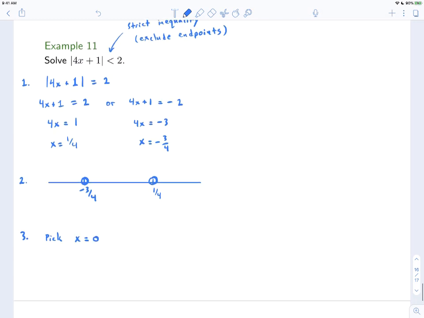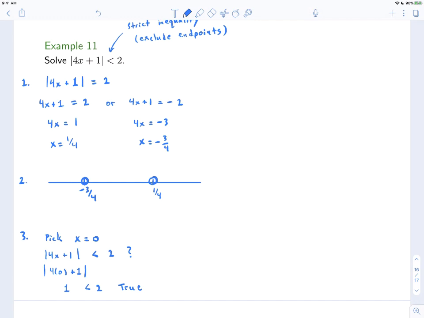Now I want to check this inequality, the absolute value of 4x plus 1. So the question is, is that less than 2? So you plug in the 0, so you get 4 times 0 plus 1 in absolute value. Well, 4 times 0 is 0, so it's just the absolute value of 1, which is 1, which is indeed less than 2. That's true.